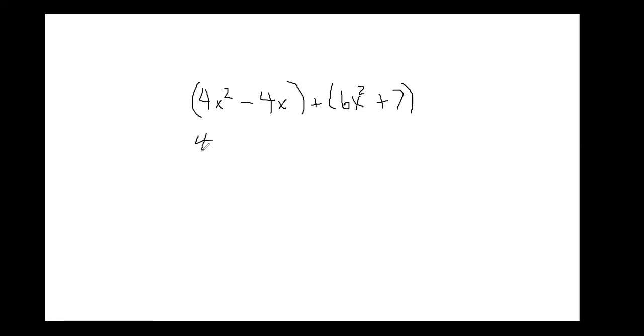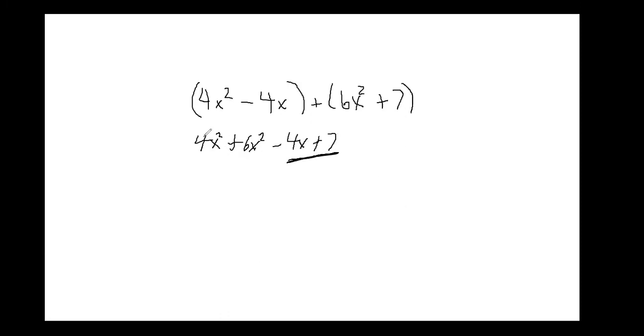We can go 4x squared plus 6x squared minus 4x plus 7. This part, because these two don't have anything that's going to change them, is not going to change. Negative 4x plus 7.